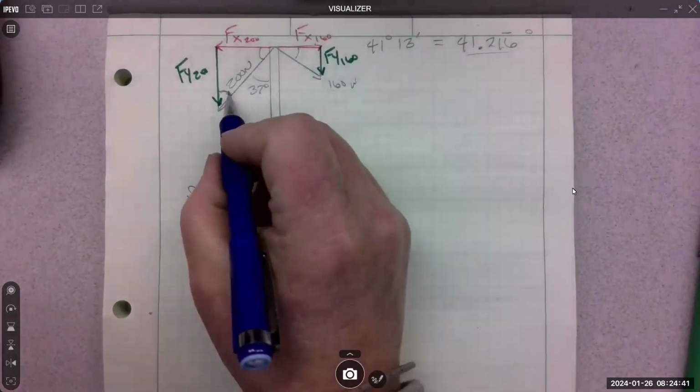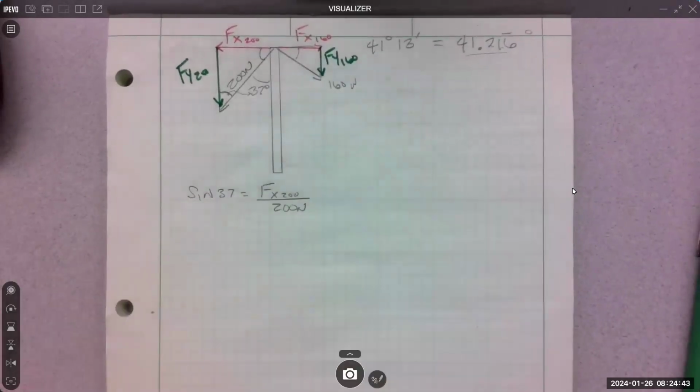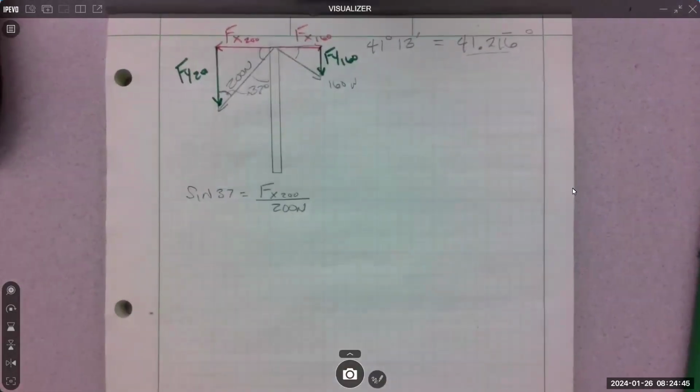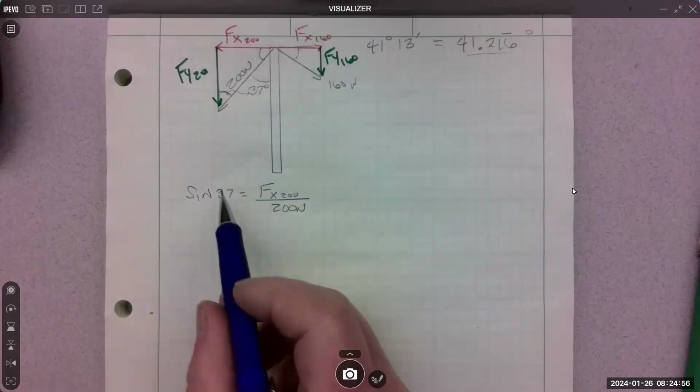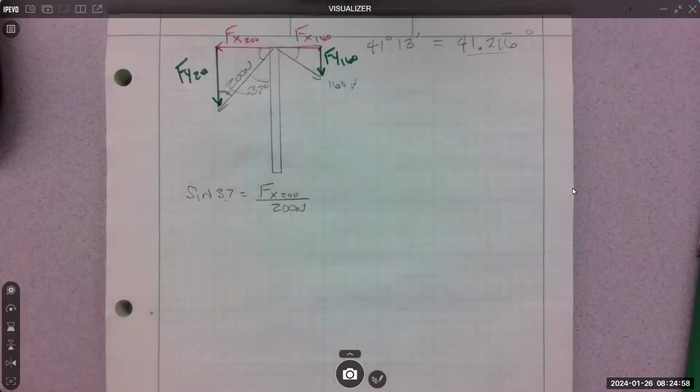Everyone see that? If you don't, you stop me and say, what are you doing? That's going to be 200 times the sine of 37, which is 120.